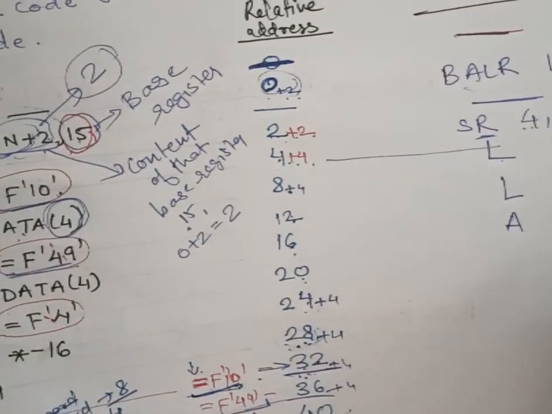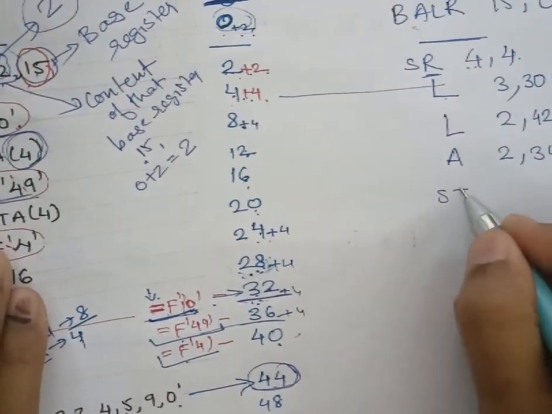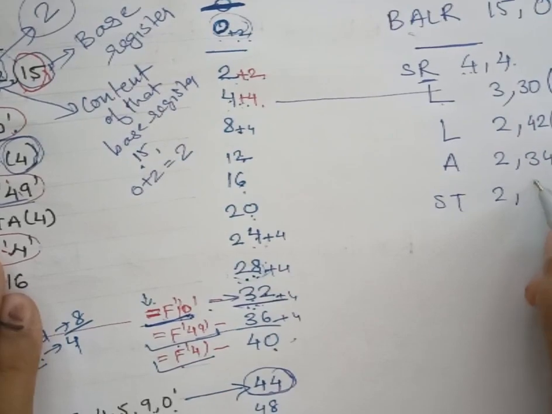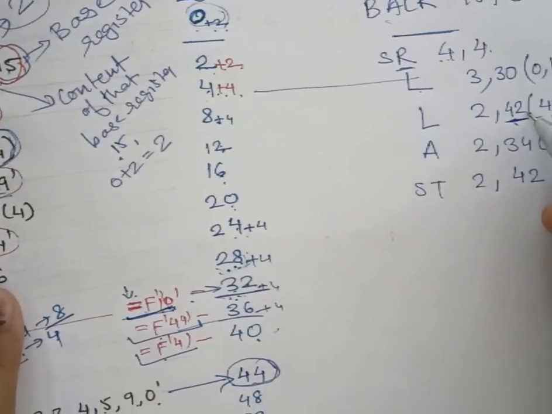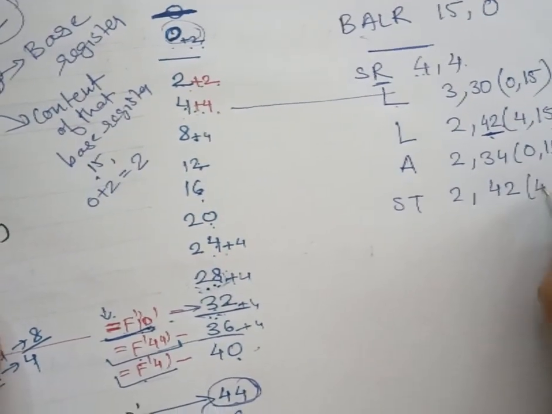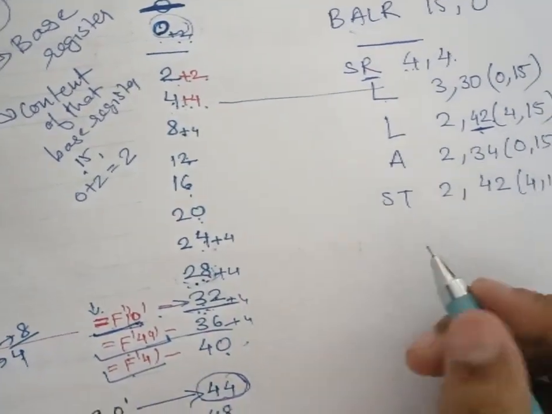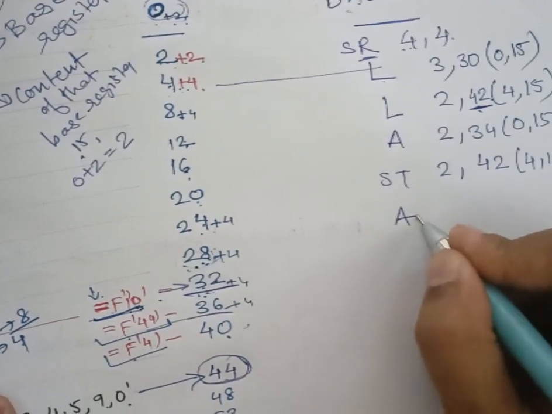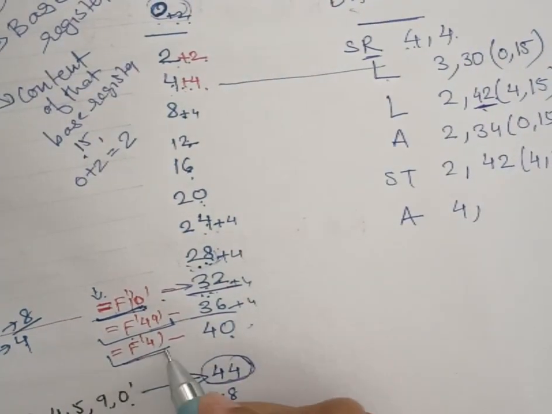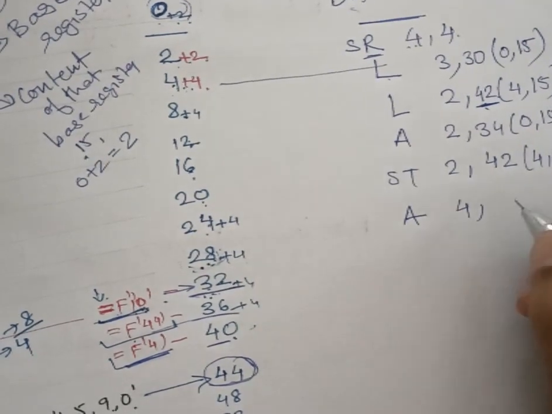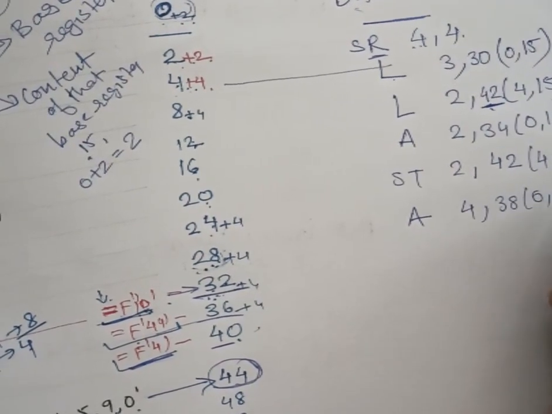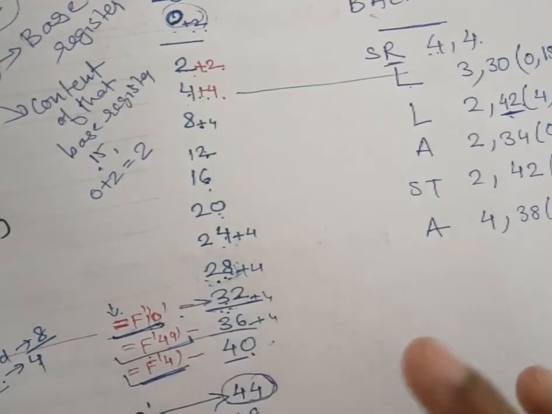Similarly for ST we are having again data, so ST 2 comma, the data will become 42, as we are going to directly take from the previous data, 42 4 comma 15. Okay, then next we are having the A 4 comma f of 4, content 40, 40 minus 2 it will become 38, so 38 0 comma 15 because no constant is present there.